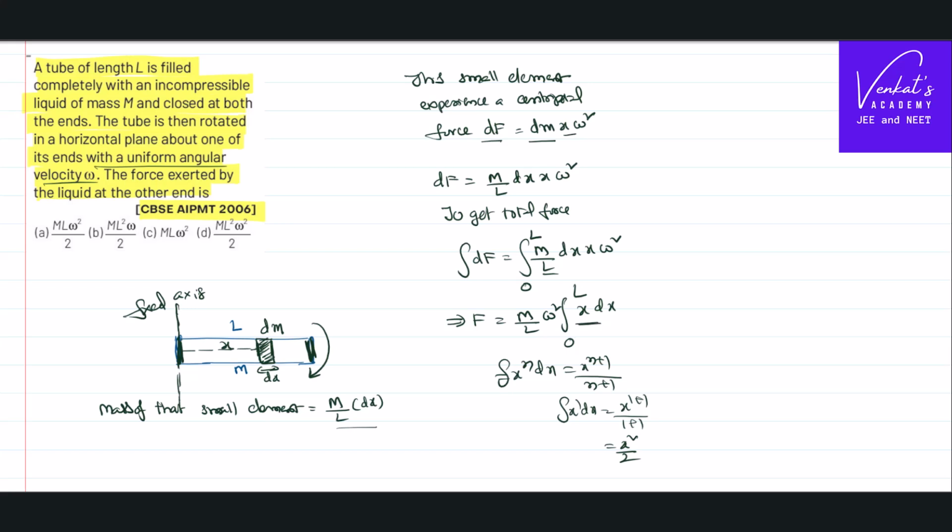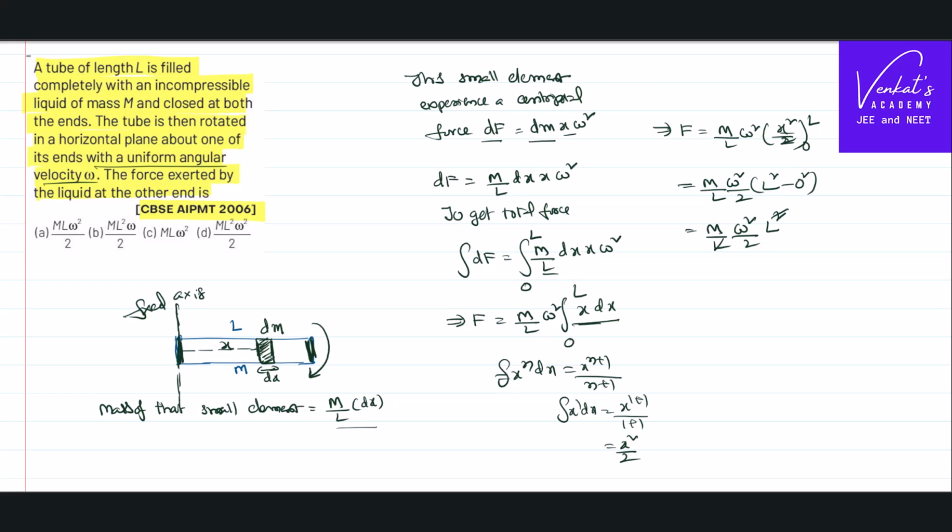That implies force F equals M by L omega square times the integral of x dx, which is x square by 2, with limits from 0 to L. So M by L omega square by 2 can be taken outside. For x square, first I have to apply the upper limit and then minus the lower limit as per the rule of integration. So the answer is M by L omega square by 2 L square.